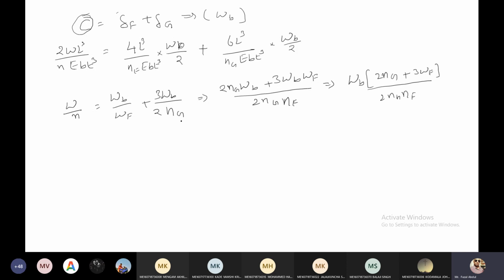Okay. Now with this, WB equal 2 NG NF into W by N into 2 NG plus 3 WF.